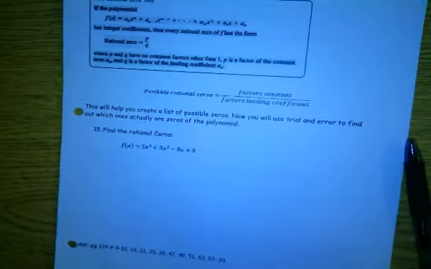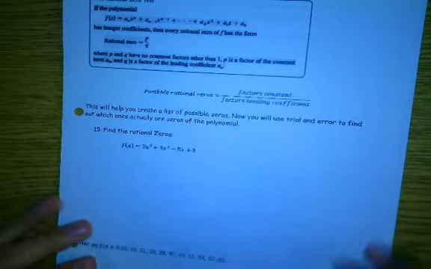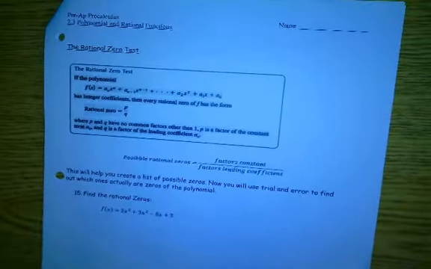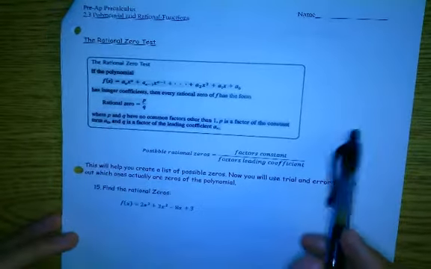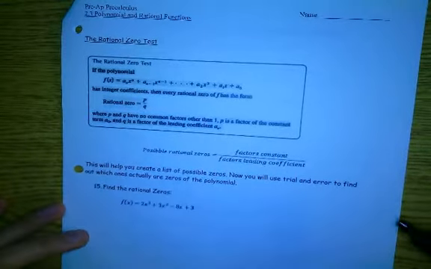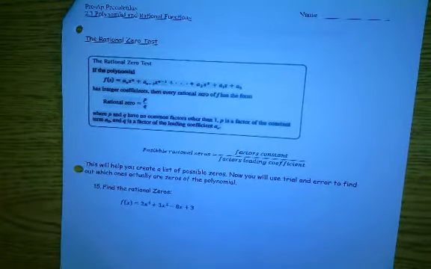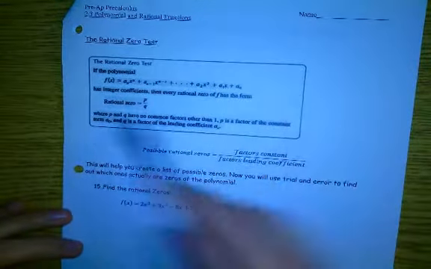So here's what the rational zero test says. You're going to have a polynomial, and you're going to have a leading coefficient and a constant. I'm going to summarize everything this says here. And this is a key word. It says possible. So that means that these are not actual zeros. These are possibilities.